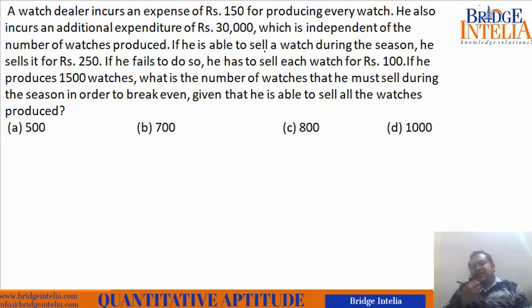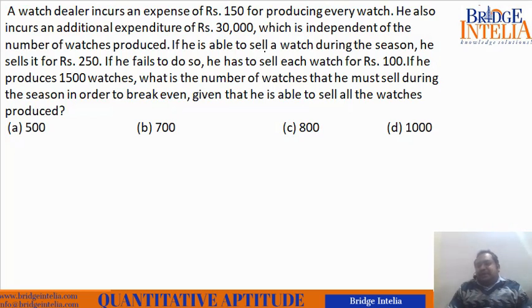If he fails to do so, he has to sell each watch for rupees 100. If he produces 1500 watches, then what is the number of watches that he must sell during the season in order to break even, given that he is able to sell all the watches produced?